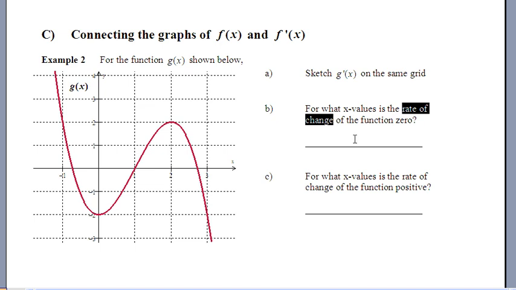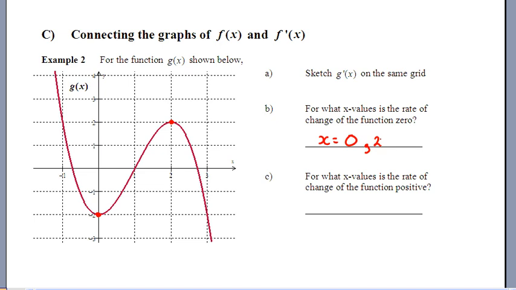Okay, well, when you see that phrase rate of change, that just means slope, right? So for what x values is the slope of the function 0? Where is that graph that I've got here in red flat? Well, I can see it's occurring at a couple of spots, here and there, at a couple of different x values. So I can say, yeah, I'm seeing this happen at x is equal to 0 and also at x is equal to 2.